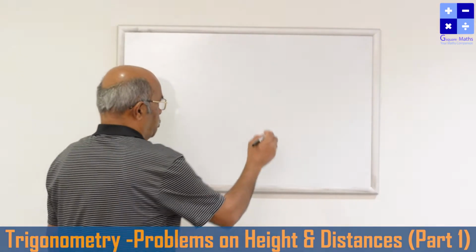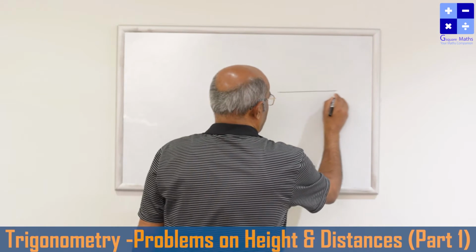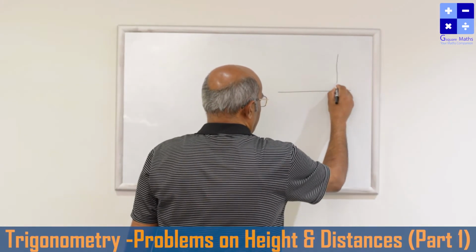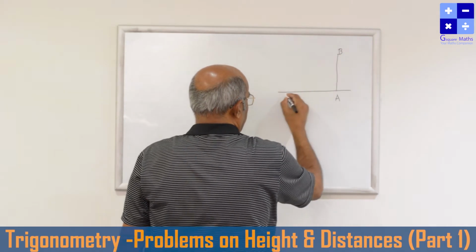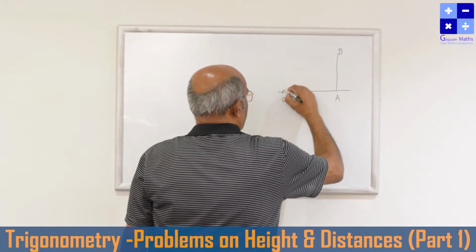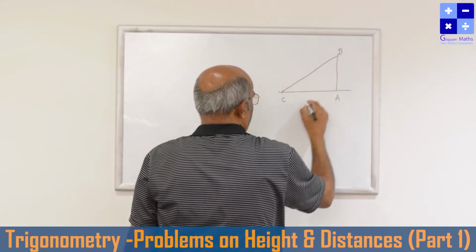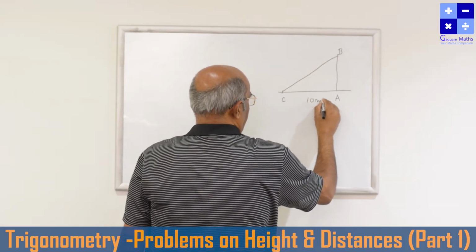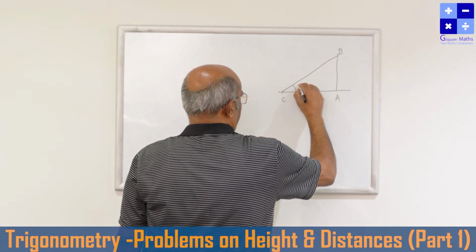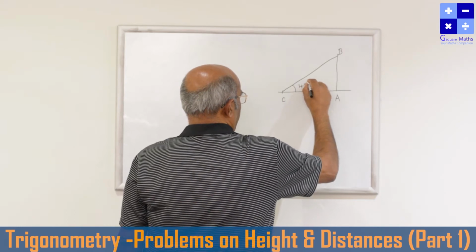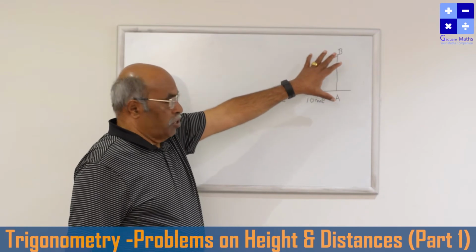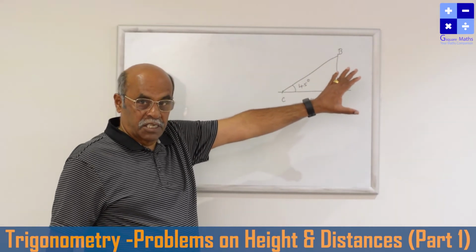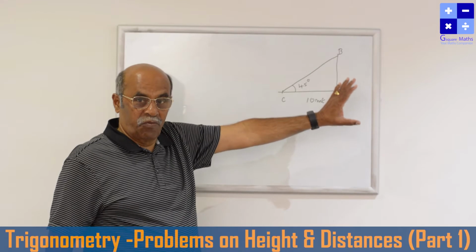Simple problem. Just to explain this one, I have taken a small problem. Let AB be the tower. After you have drawn the picture for the given height and distance problem, you have to narrate what is what.